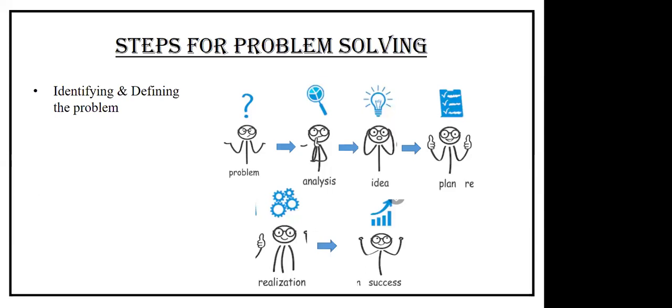The initial step for problem solving is to identify and define the situation. A good problem definition states the current situation and the desired situation. The current situation is defined by facts and the desired situation is defined as an objective.